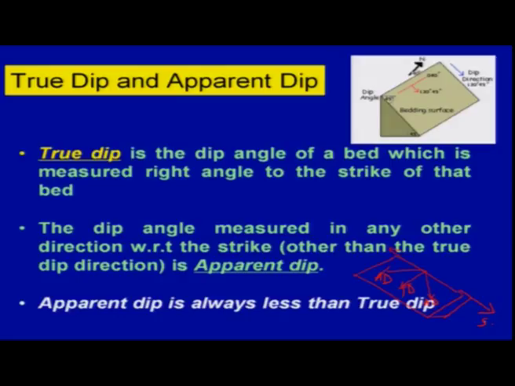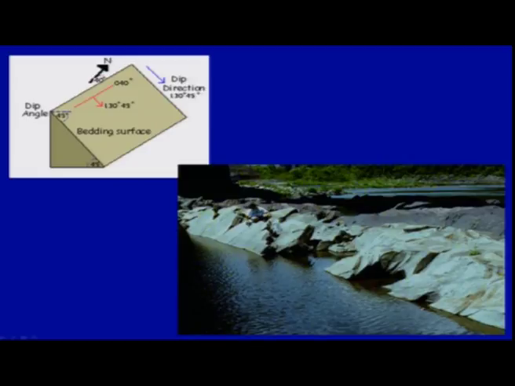One more important thing you should remember is that the apparent dip is always less than the true dip. This is shown here. If you have an inclined bed like this, this is your strike, and if you measure here it is your true dip.